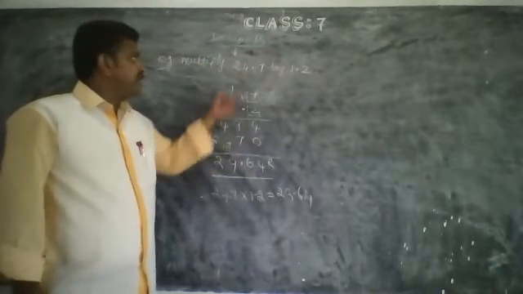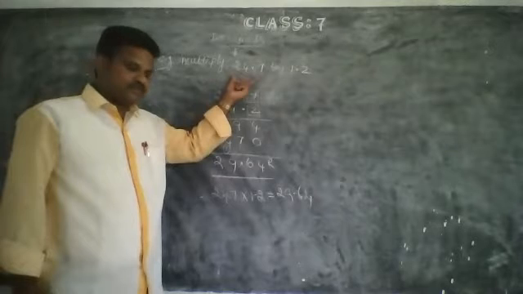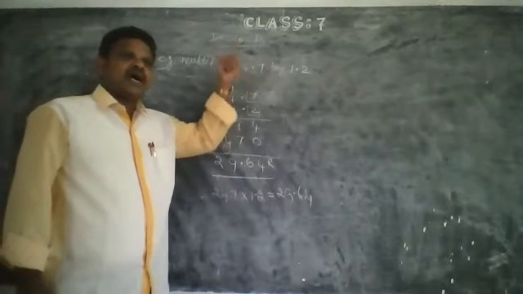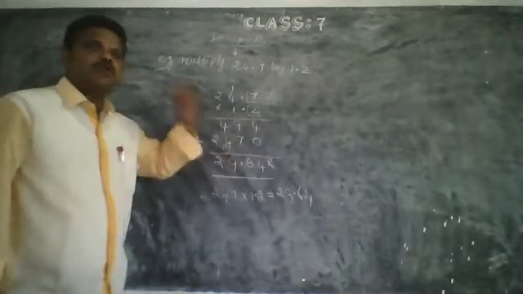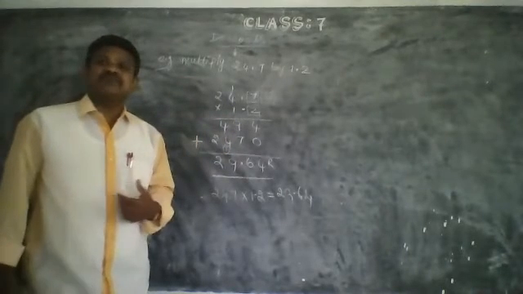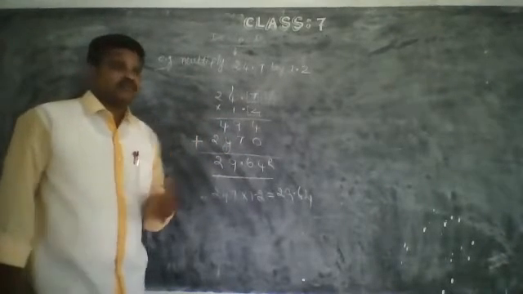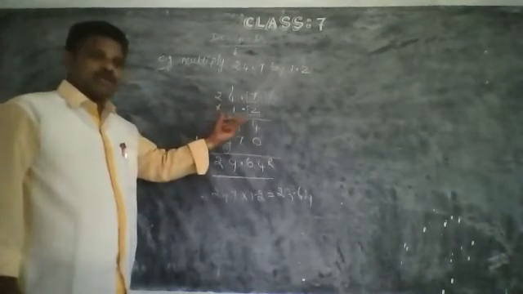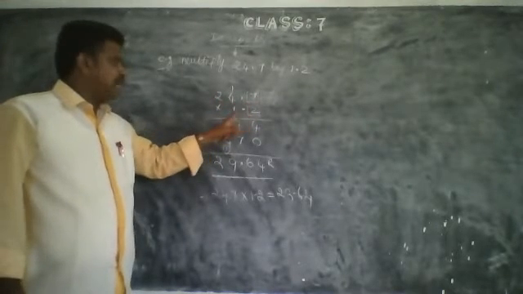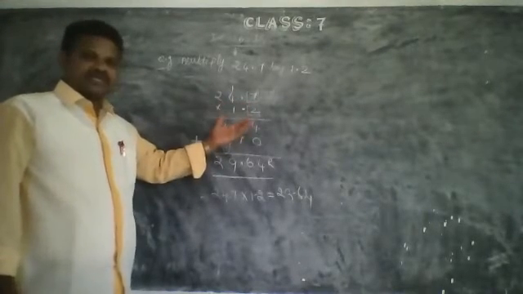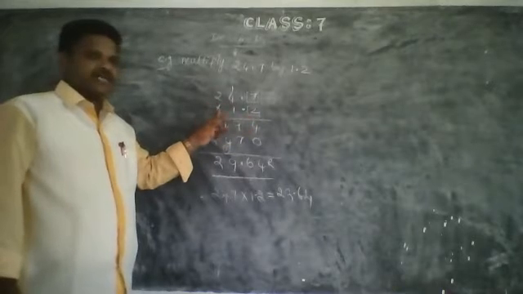But this time the multiplicand is a decimal number, and the multiplier is also a decimal number. How to multiply when two decimal numbers are given? We just arrange one below the other: 24.7 and 1.2.